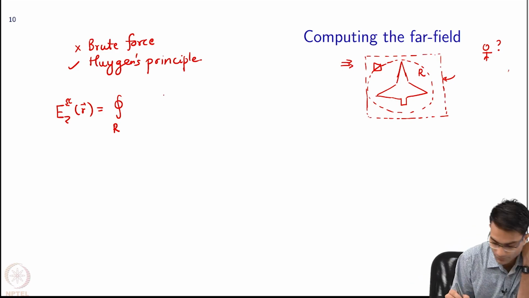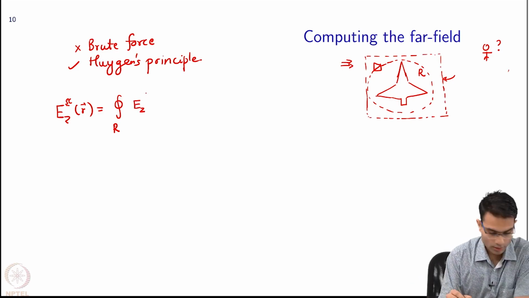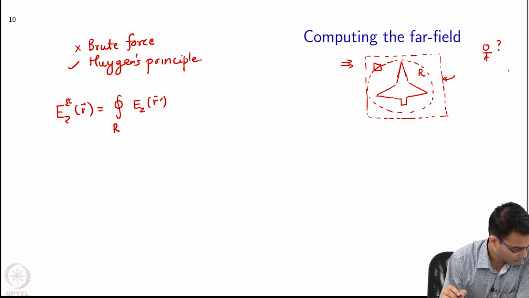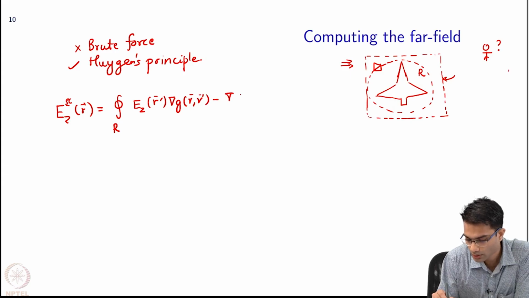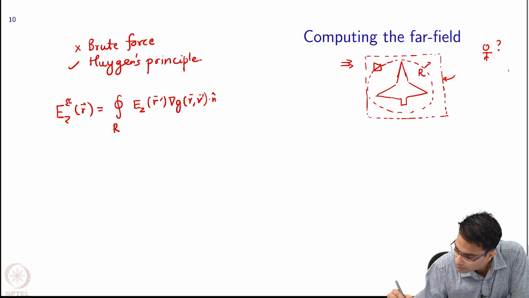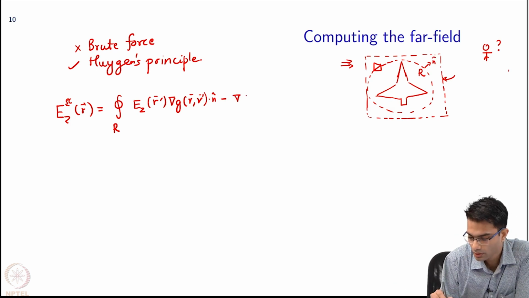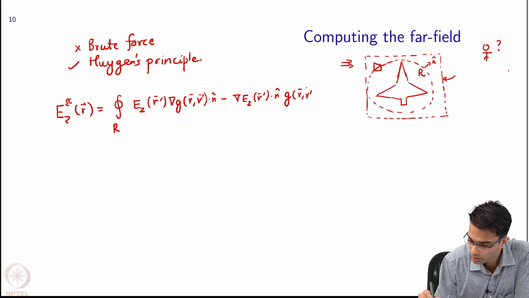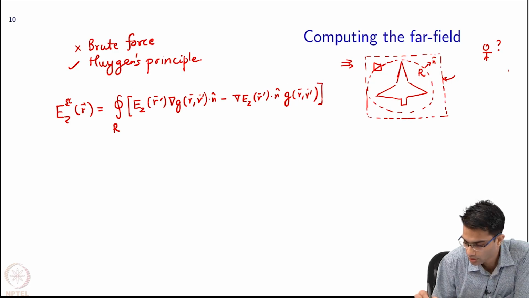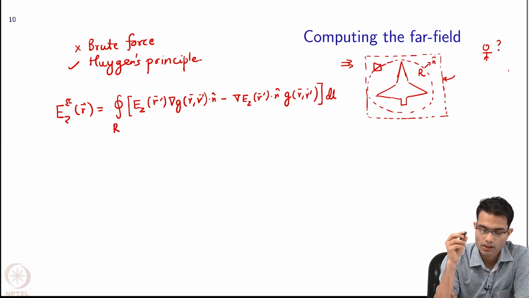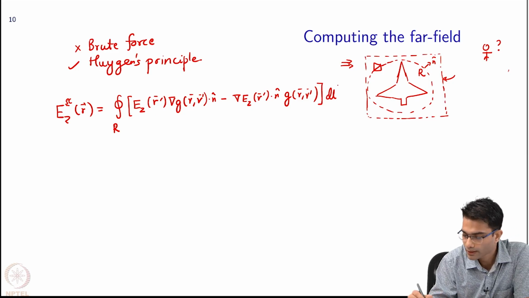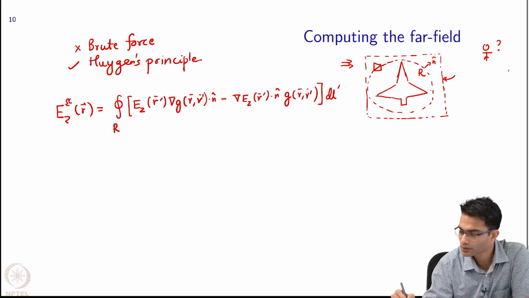The first one will be Ez at r prime, grad G of r prime, dot n hat over here, minus, and dl prime, because I am going over this contour.